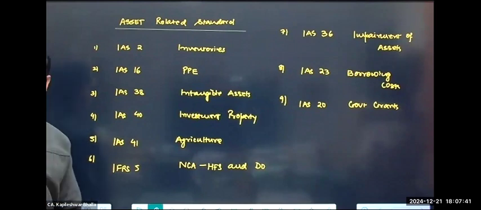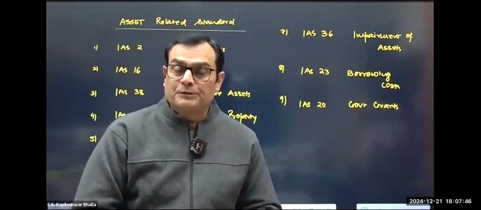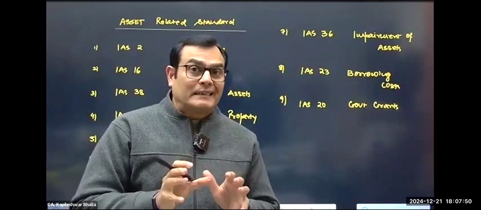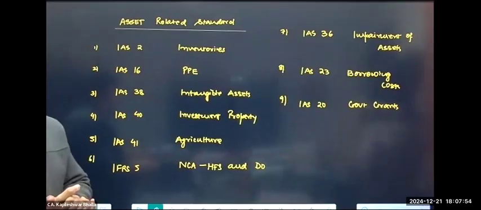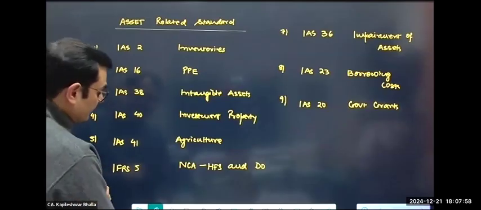More or less, we're going to study these standards in almost the same sequence that I have mentioned. And when you're going to study these standards to get a conceptual clarity, there is a particular way which I feel one should go through these standards. I think if you've taken a note of the list, I'll just take it further.